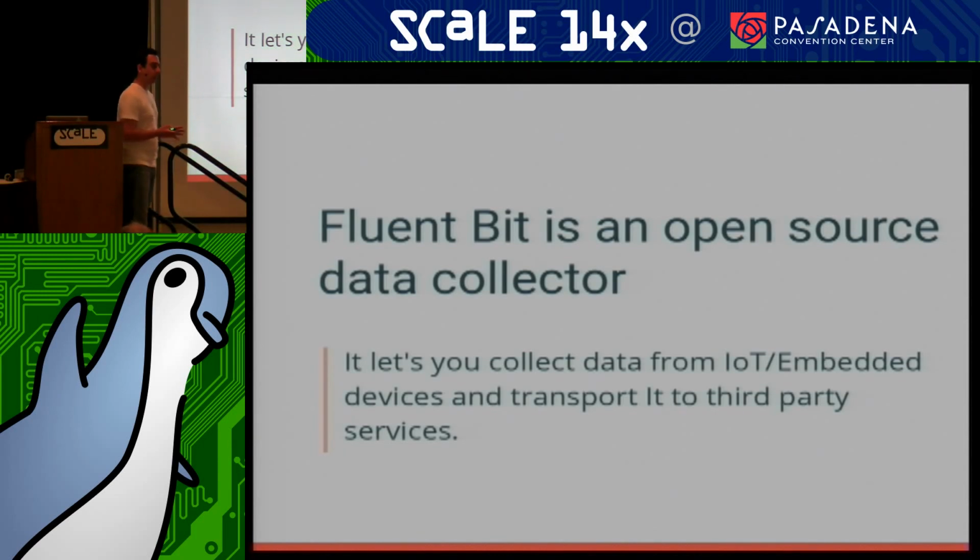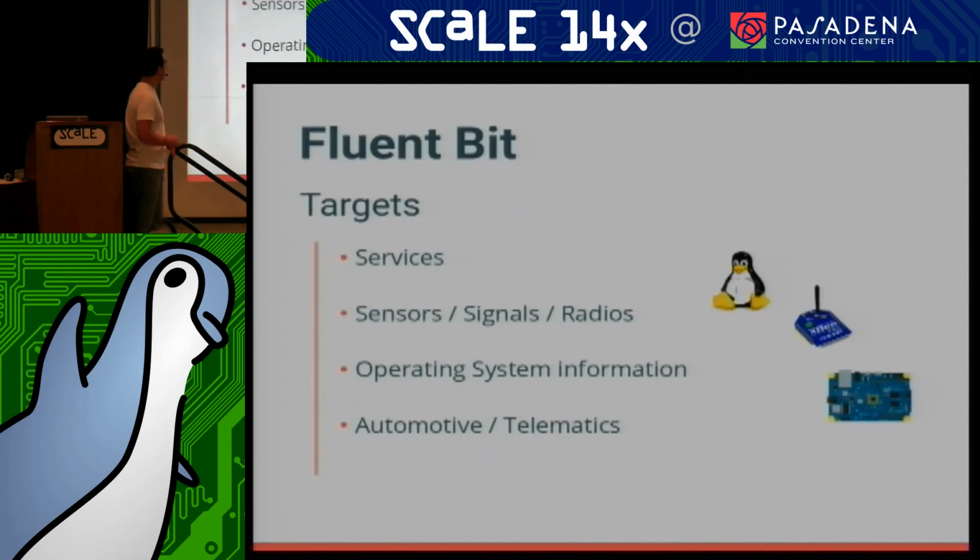So, Fluent Bit allows you to collect data in many ways. Also, if you are a developer for embedded applications, it allows you to dispatch the data to different outputs, same as Fluentd. And it's made for any kind of service to collect data from sensor signals, radios. We support XBee, operating system information.